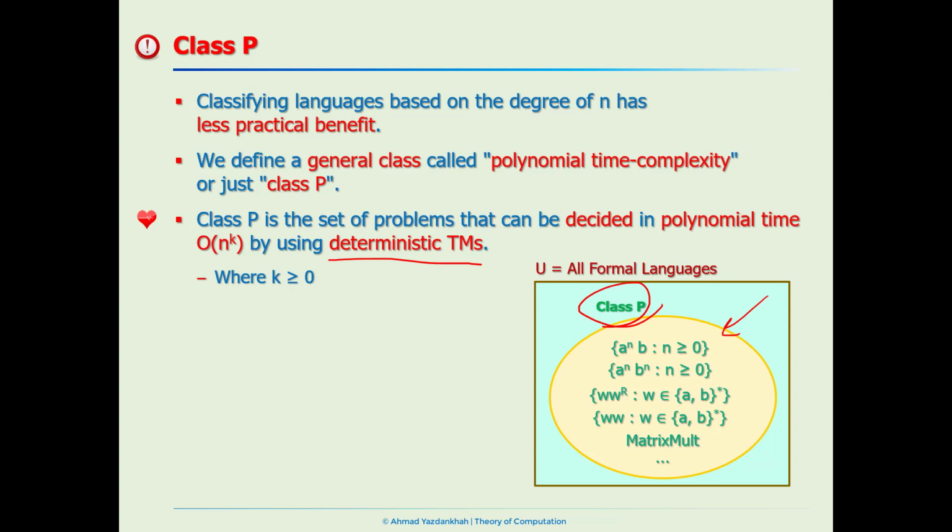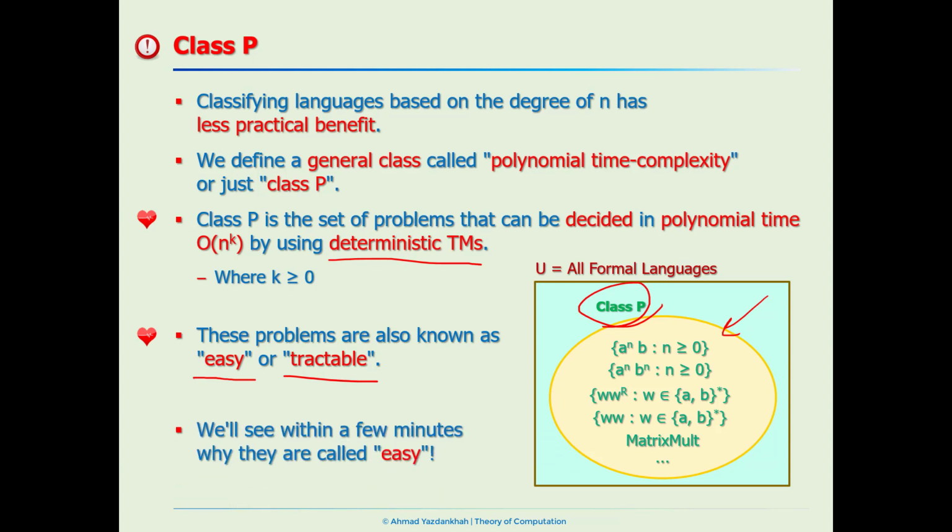We call this class P. Actually, the class P is a very popular name, but there are two more important names for them. One is the easy problems and the other is tractable problems, and you need to know all these three by heart. But you might ask why we are calling this easy. Yeah, I will explain that in a few minutes.